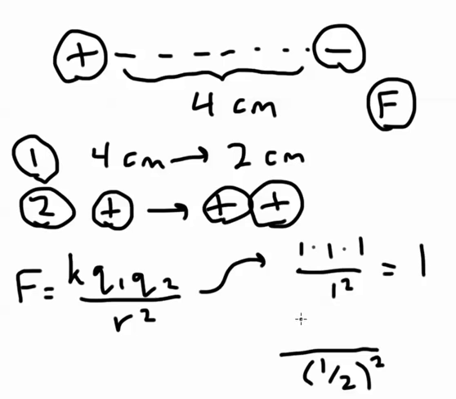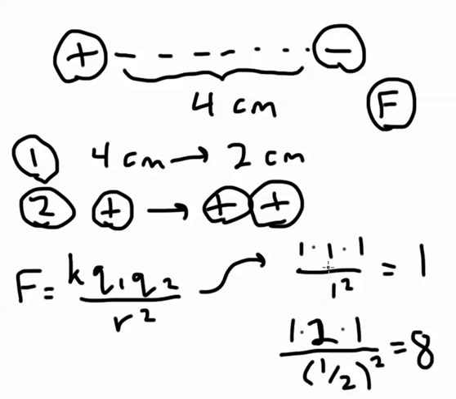And we're doubling one of the charges, but not the other charge. So one of the charges changes from 1 to 2. And if I do the math here, this is equal to 8. So this is saying that by doing all these changes, I am multiplying the force by 8.